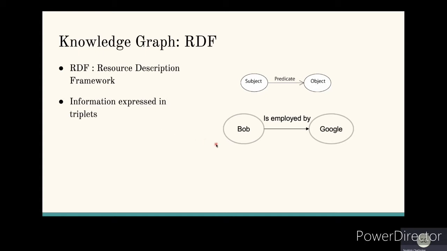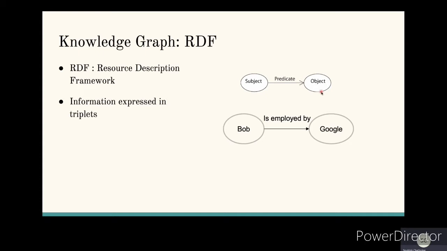For example, if I need to express the relation that Bob is employed by a company Google, it can be expressed in the form of Bob as the subject, is employed by as the predicate, and Google as the object.